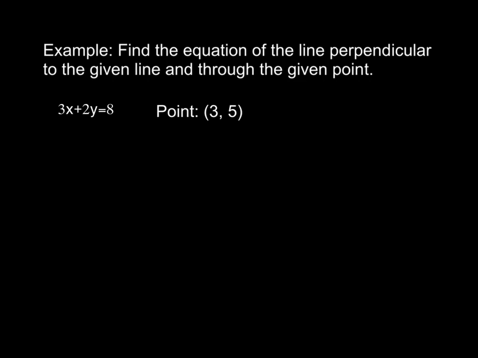For our very last example, we want to find the equation of a line perpendicular to a given line through the given point. So this is the first one here that's not in the standard form y equals mx plus b. So the first thing we need to do is put it in that form. So I'm going to subtract 3x from either side.